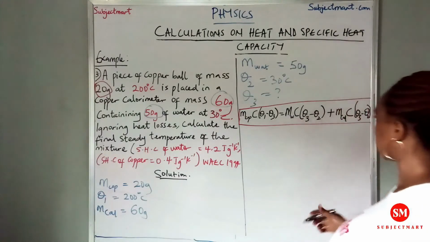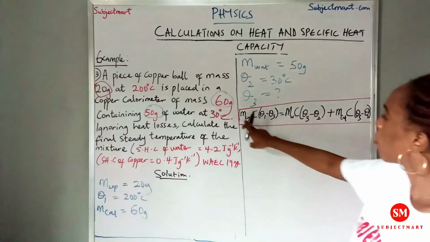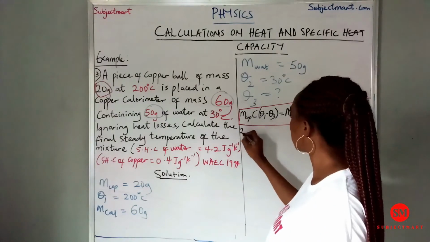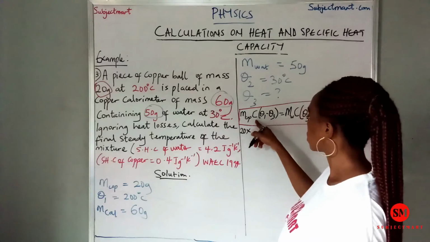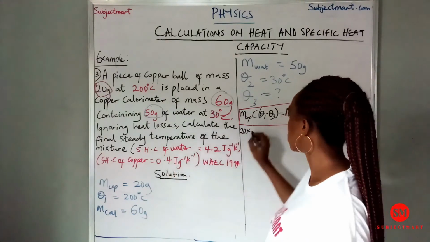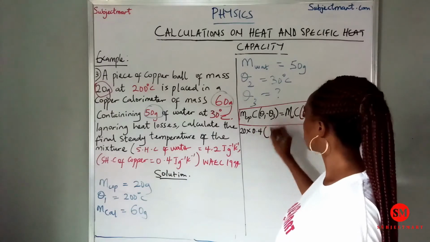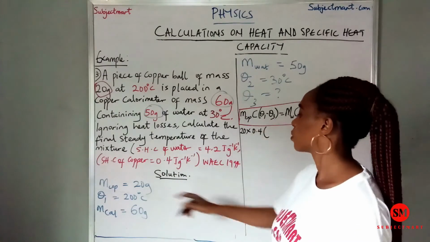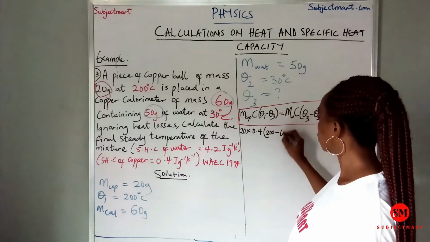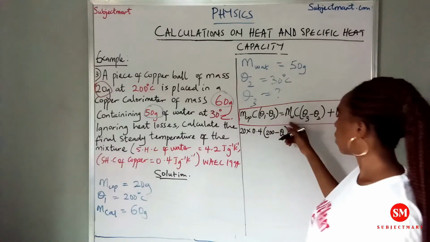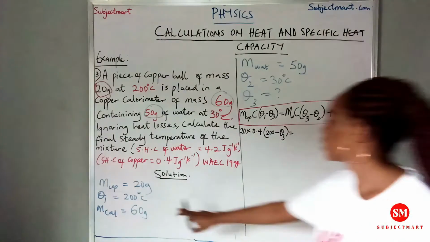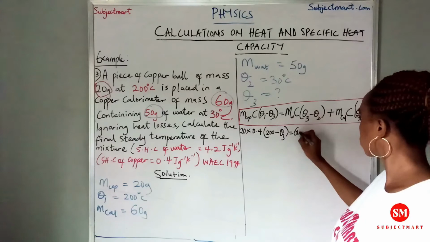and write it out. So for mass of copper is 20 grams, so I'm going to write my 20 times the specific heat capacity of copper, which is 0.4. Theta 1 is 200. Theta 3, we don't know. Mass of calorimeter is 60 grams.